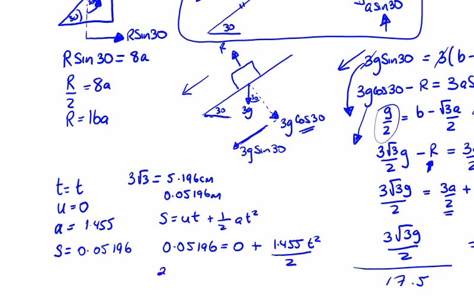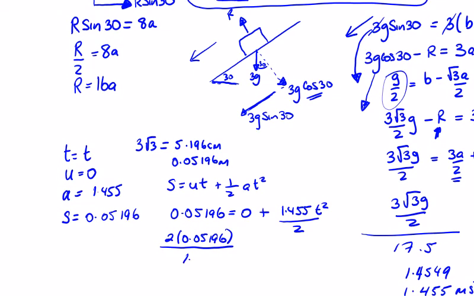So we're going to multiply 2 by 0.05196, divide it by 1.455, and get the square root of it to get t. So what does this work out to be? T is equal to 0.267 seconds.